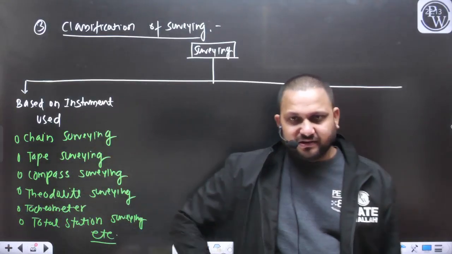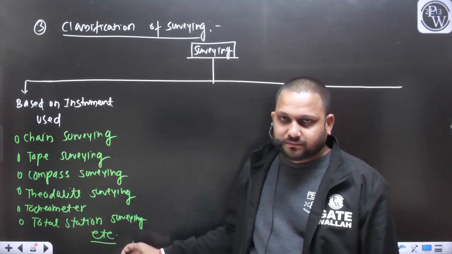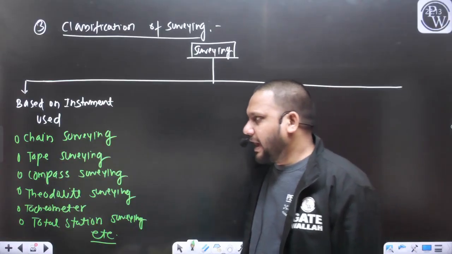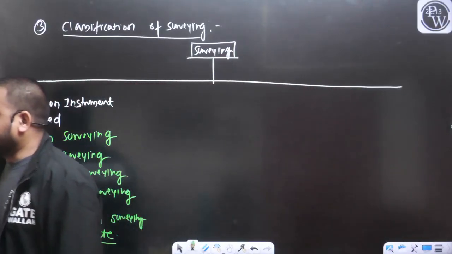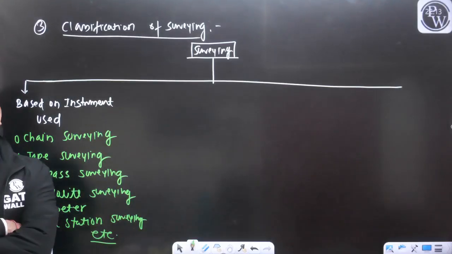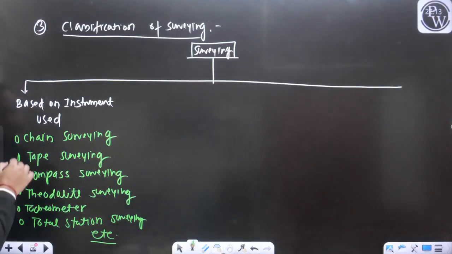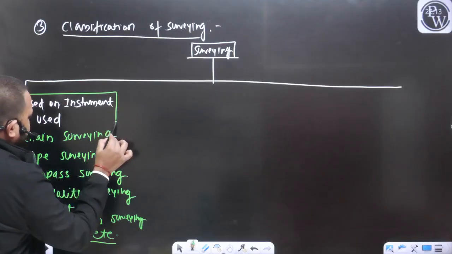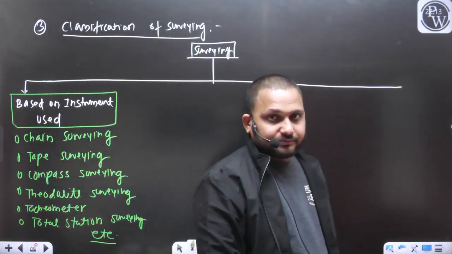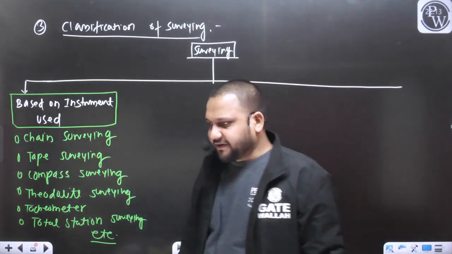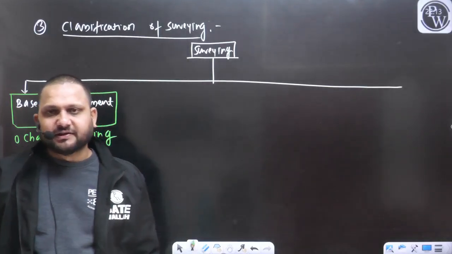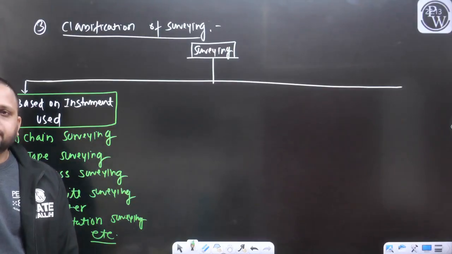I have mentioned some instruments, but whichever instrument you are using, on that basis you can classify the survey. I hope the classification is clear to everyone, yes or no?